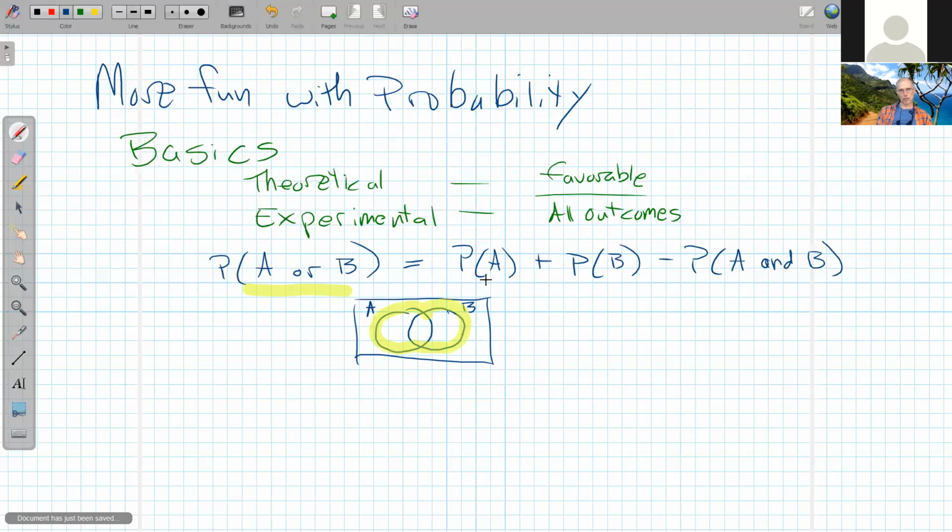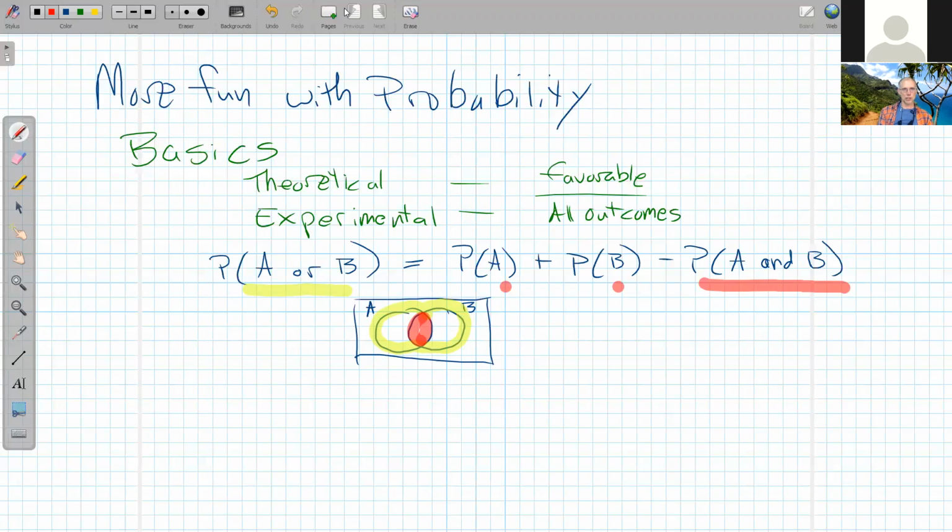And the overlap gets counted in multiple spots. It gets counted in A and B, this region right here. And so that is that part right there. So that takes out any double counting that's possible. So that was one of the ideas we looked at 2 classes ago, along with the basics there.